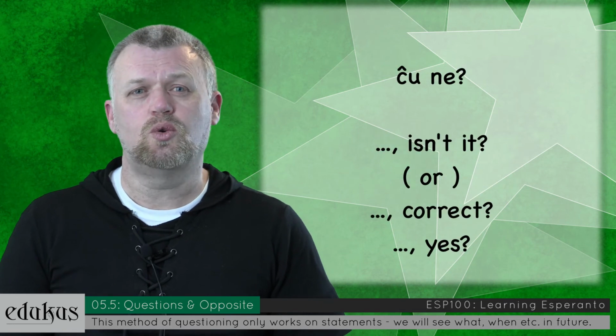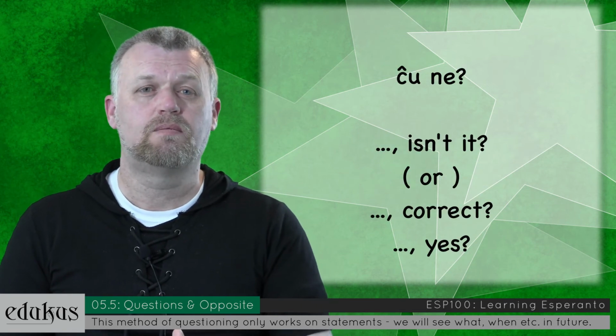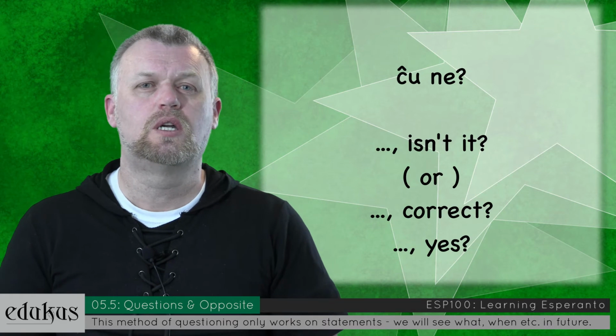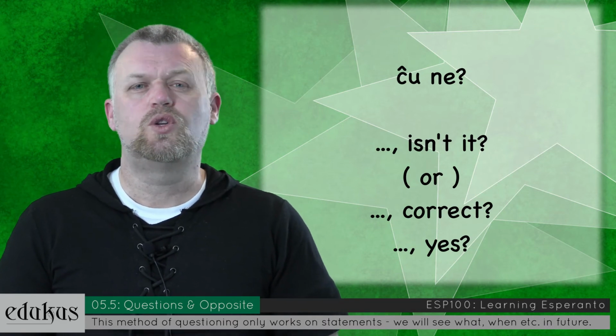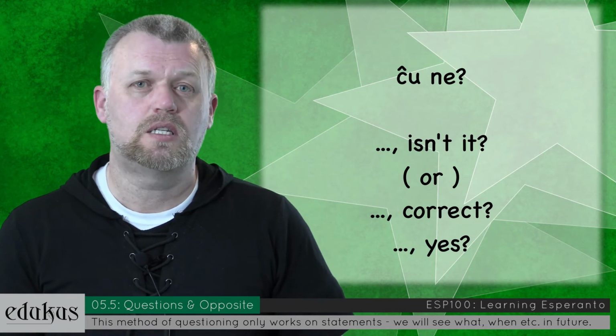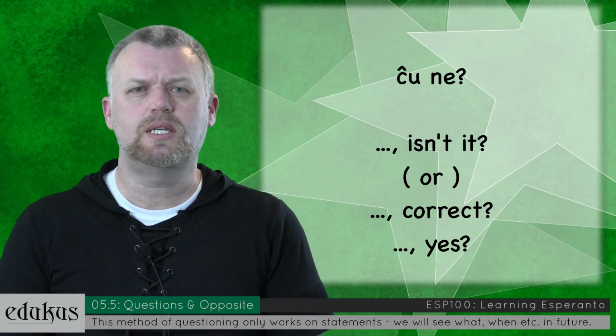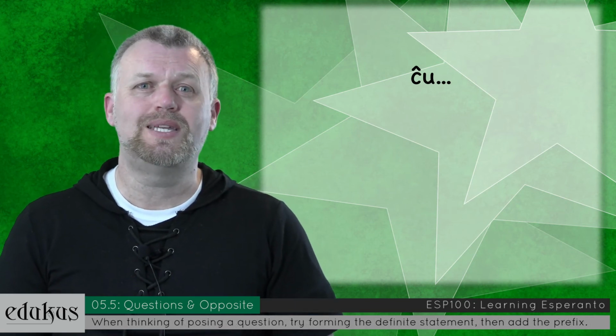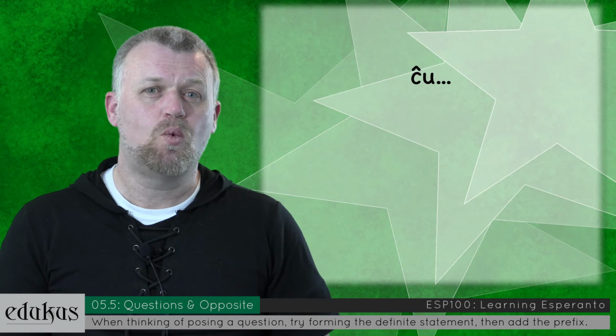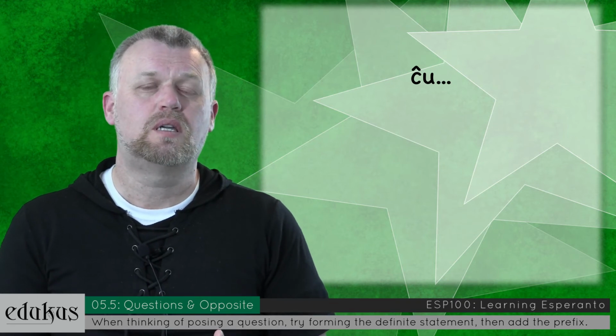We can use chu in connection with ne, that's no or not in English, to mean, is that true or isn't it? We do this usually on the end of a sentence, such as, that jacket is blue, isn't it? Chu ne? Most commonly, however, you will see chu at the beginning of a sentence to make what would be a statement into a question.